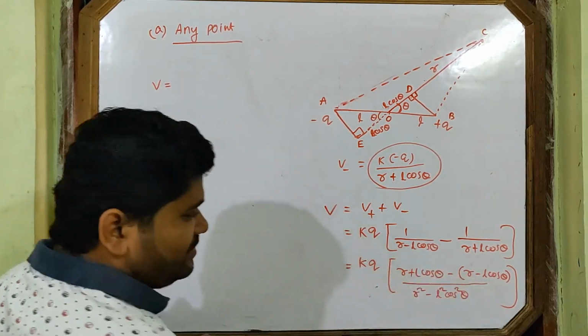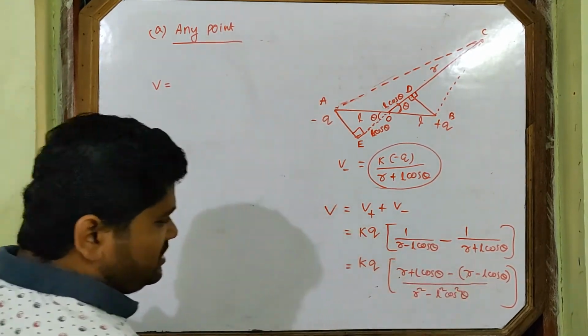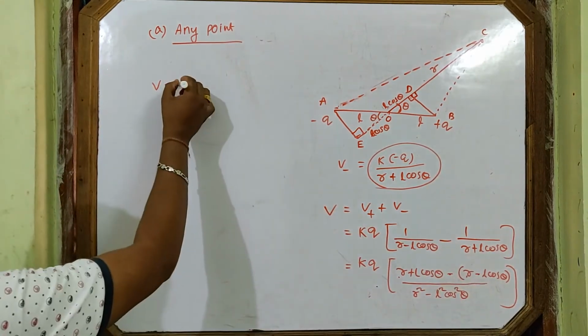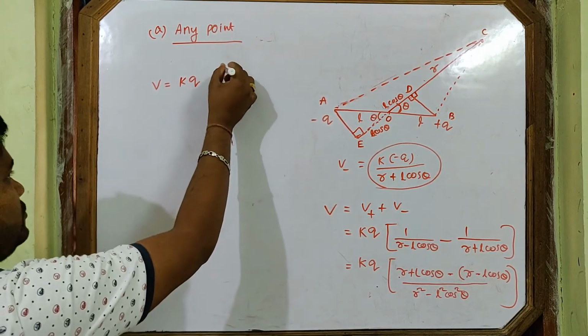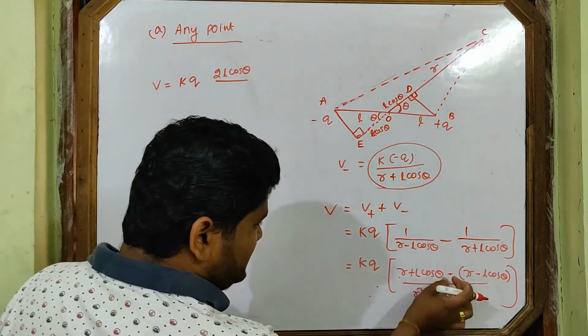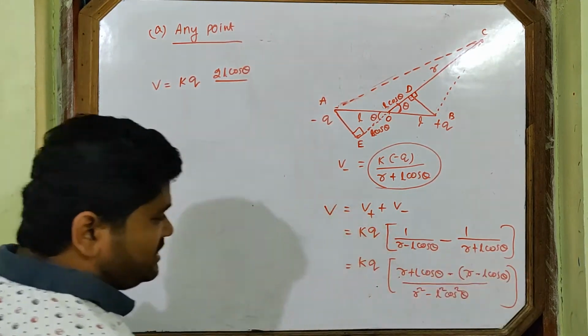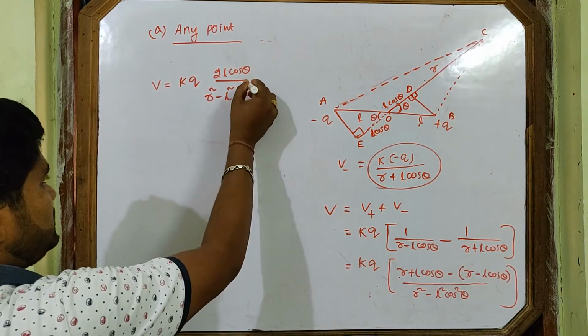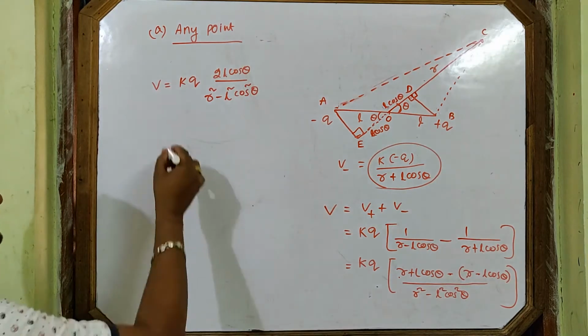Then if you open the bracket, R cancels, and this L cos theta, which was minus, will be plus. KQ 2L cos theta. Understand? L cos theta plus L cos theta, 2L cos theta by R squared minus L squared cos squared theta.